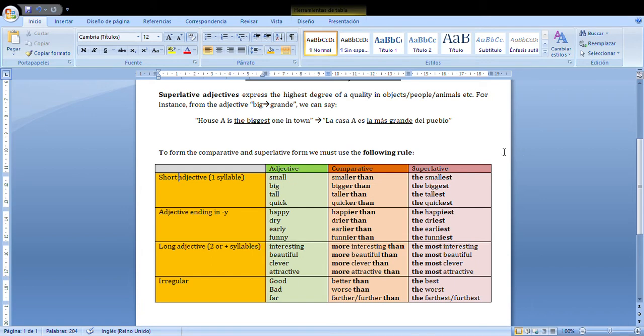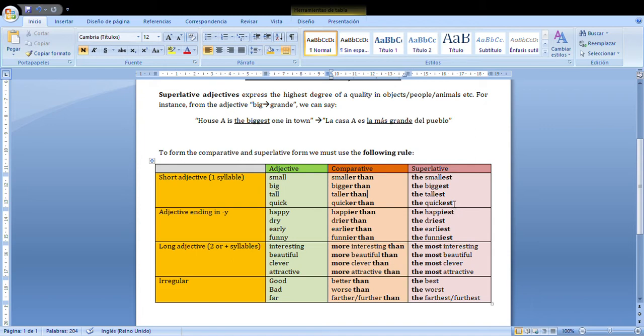For the comparative, as I said before, we have to add er and than. Smaller than, bigger than. In case of big, remember that you have to double G. Taller than, quicker than. For the superlative, the smallest, the biggest, the tallest, the quickest.